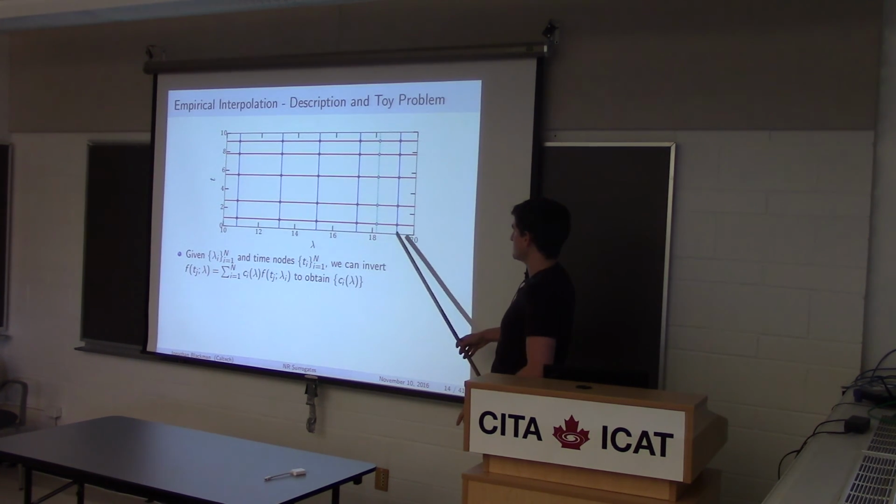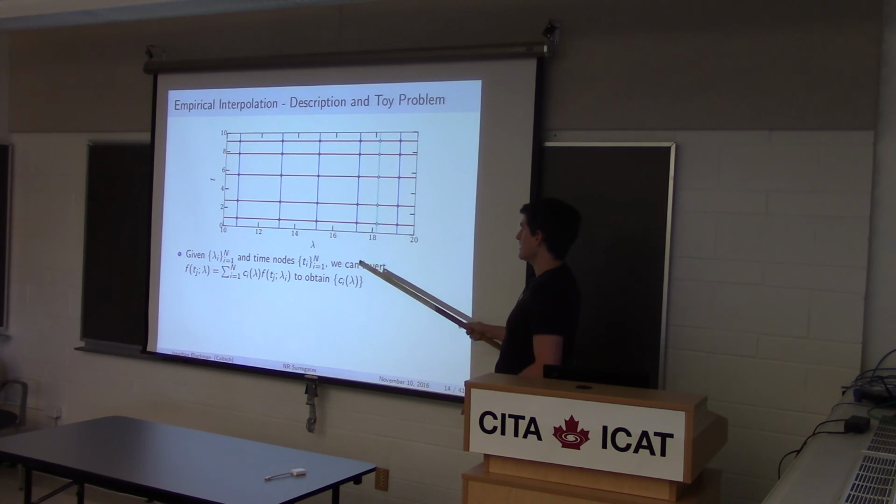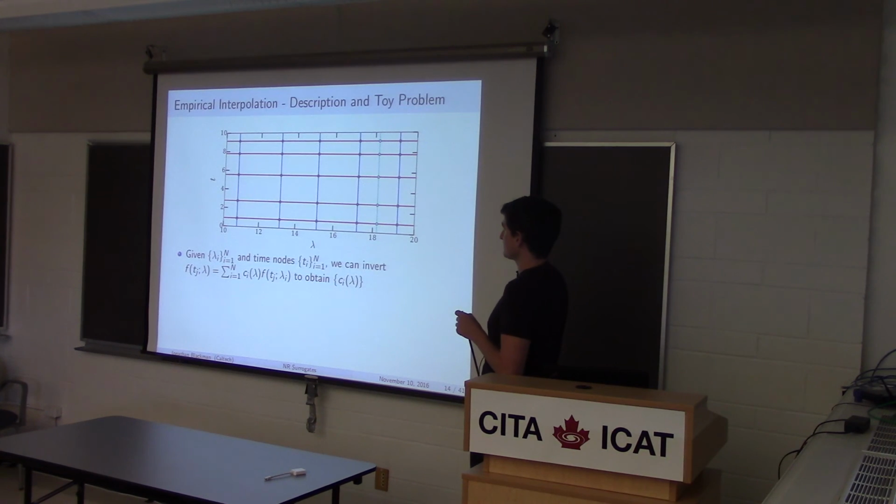Specifically, here's the parameter time plane. A solution in this plane is a vertical line, and these blue lines are the greedy solutions that we've identified.